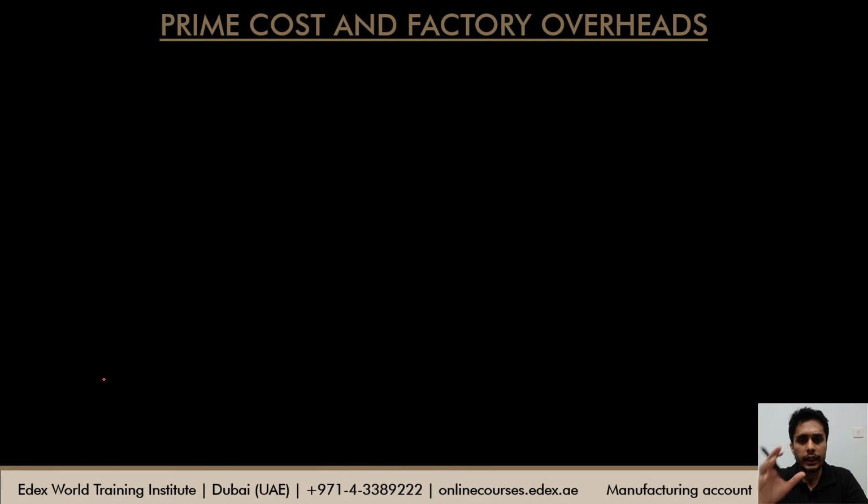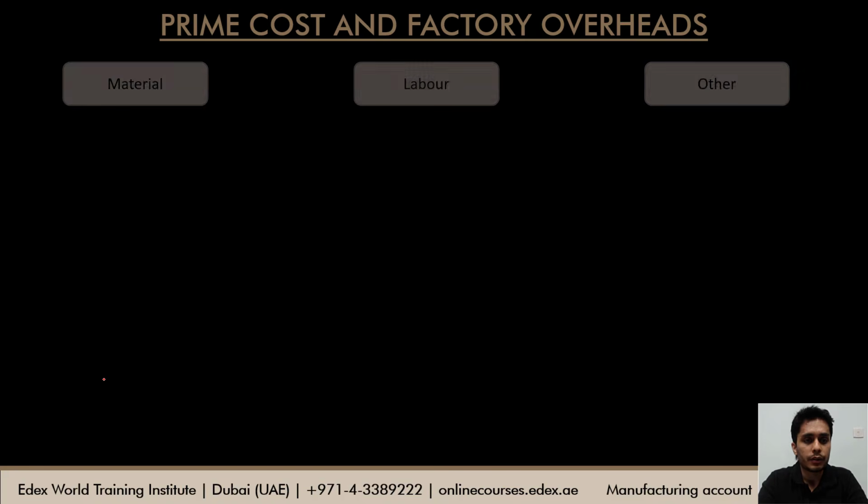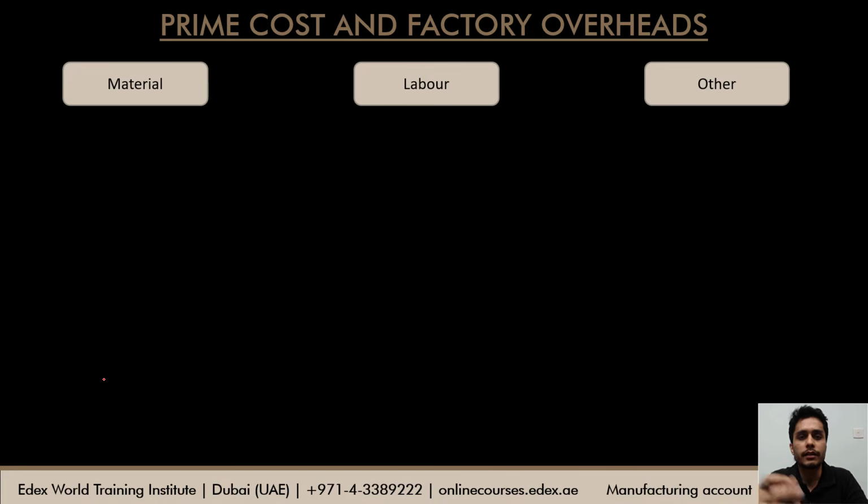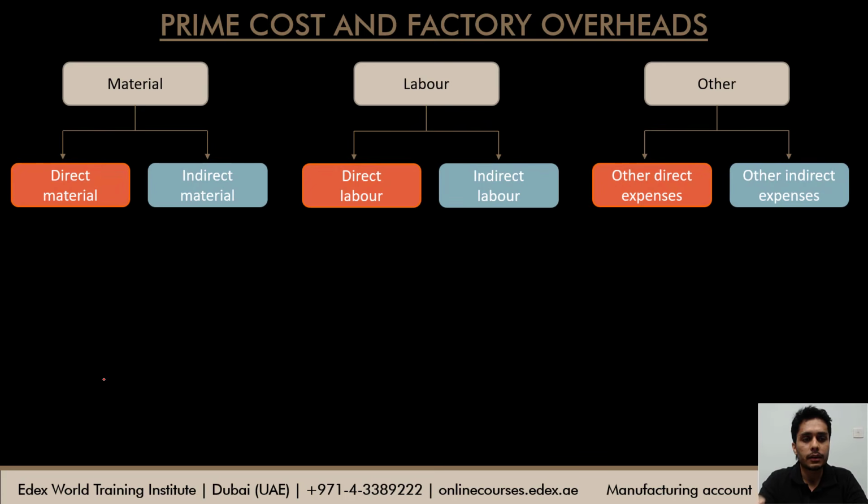Having understood the different types of cost, now let us understand how prime cost and factory overheads are calculated. So we've seen that our costs are mainly divided into material cost, labor cost and other cost. Each one of them is further divided into direct and indirect cost: direct material, indirect material, direct labor, indirect labor, and other direct expenses and other indirect expenses.